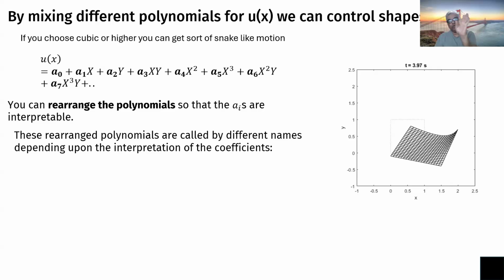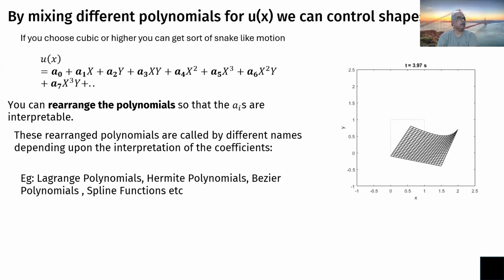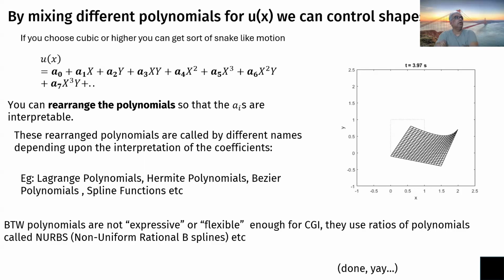So we are not going to explore that, but this is actually something that you can play around with and see. So for example, Lagrange polynomial is just a polynomial written in a way that is convenient for a particular way of interpreting. Hermite polynomials, Bezier polynomials, spline functions, all of them were invented to be able to simulate shapes. By the way, polynomials are not very expressive.